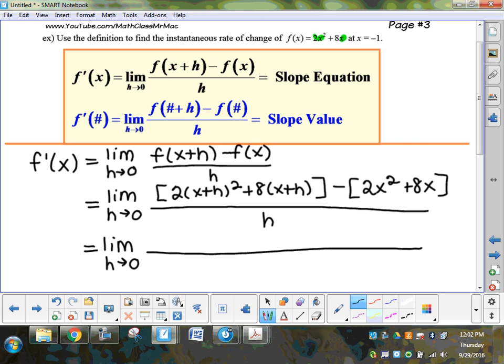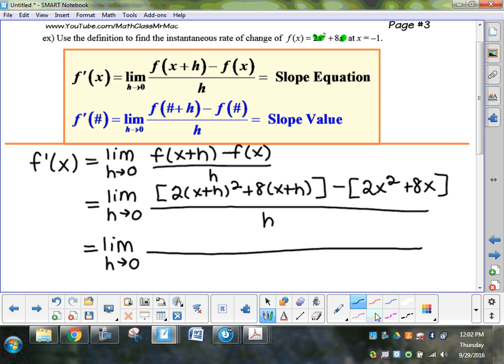Who can tell me what I did if I took the quantity x plus h and then squared it? Hang on, don't multiply by the 2 yet. What do you get if you take x plus h and square that quantity? Now, x squared plus 2xh plus h squared, you need to do what to that?